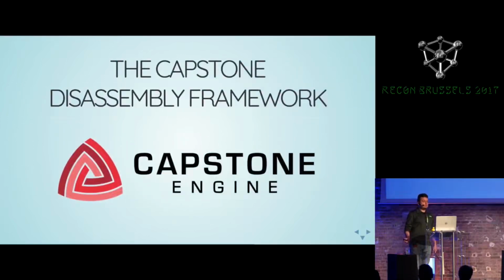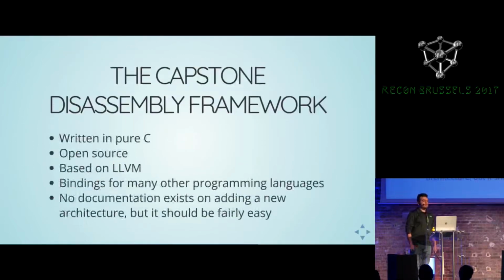So, Capstone. Capstone is based on LLVM, and it's open source, written in pure C. It has bindings for many programming languages, but unfortunately, you can't find any documentation on adding a new architecture.